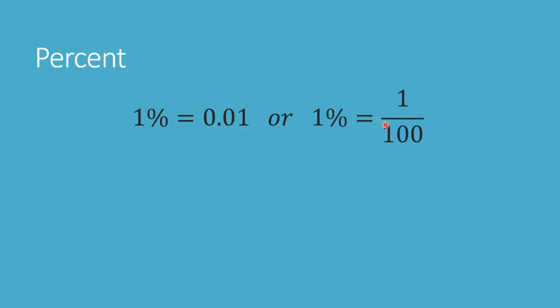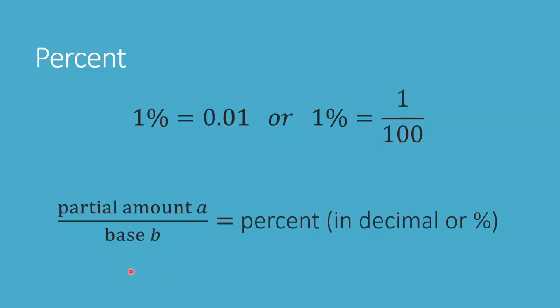In fact, that is almost the literal translation of the word percent. It is per cent, or per 100. And so 1% is 1 per 100, or 1 over 100, 1/100th.